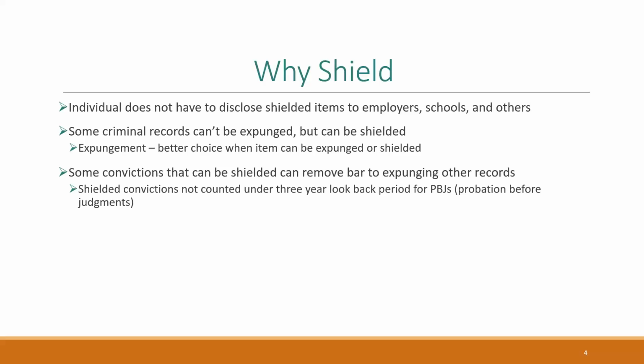That case is potentially eligible for expungement, but if you have a conviction for another case within 3 years, that would block the PBJ from being expunged. But if that subsequent conviction is eligible for shielding and you shield that case, that no longer factors into that expungement analysis, and it does not block the PBJ anymore.